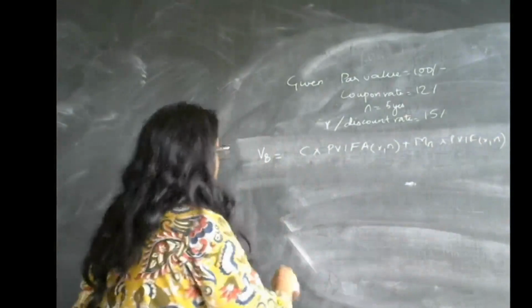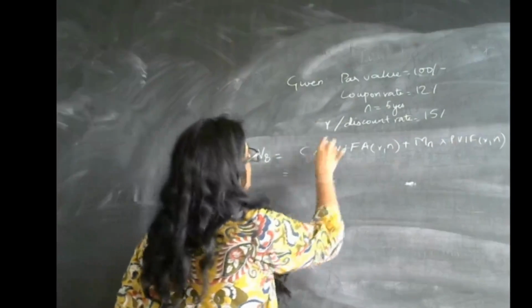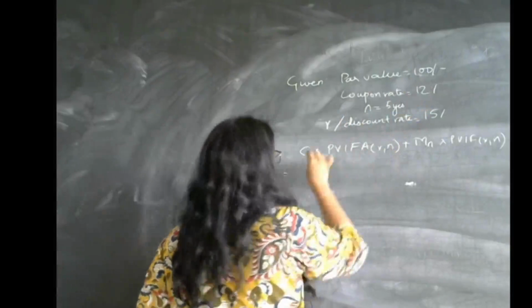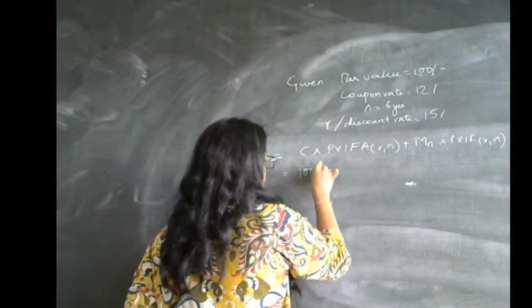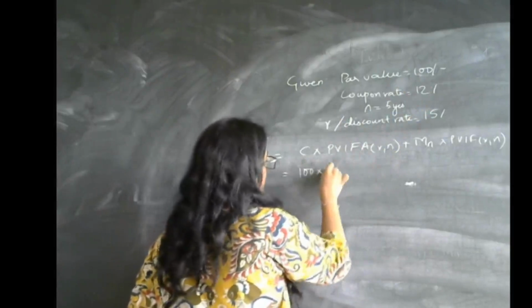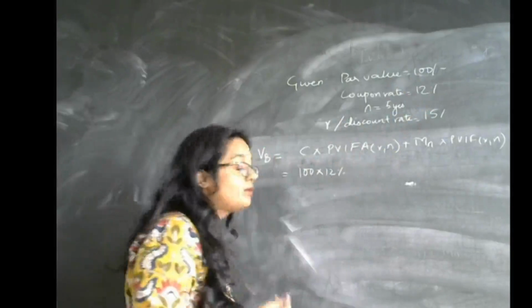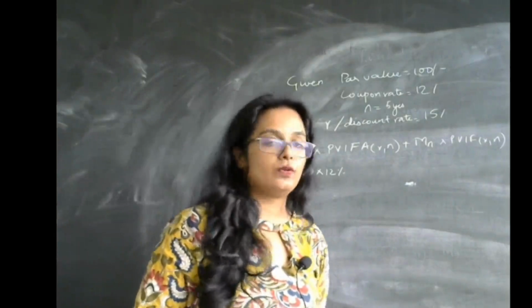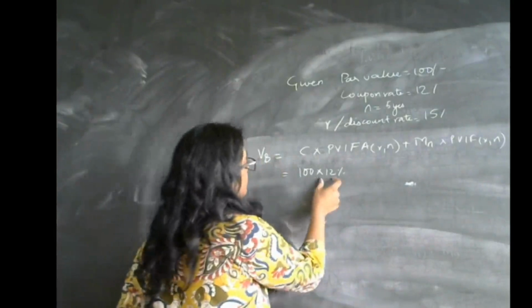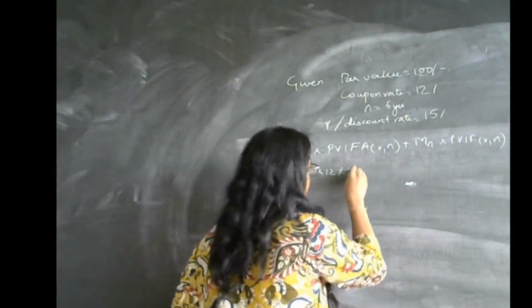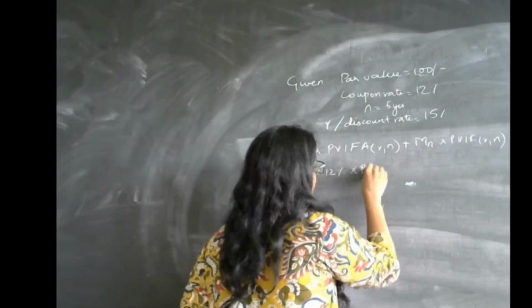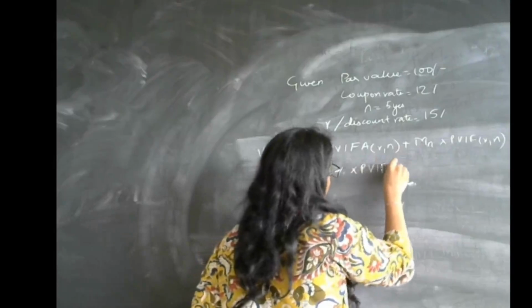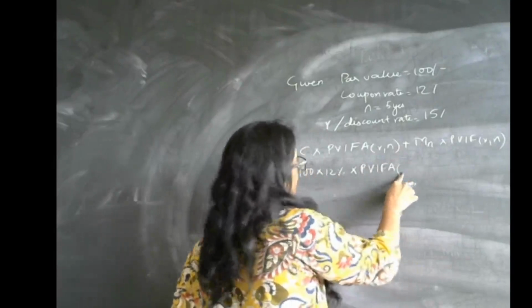Okay. So coupon is how much? 100. Coupon rate is 12%, but coupon is calculated on what? It is calculated on the face value. Okay. So 100 multiplied by 12% into present value interest factor annuity at the rate of R.